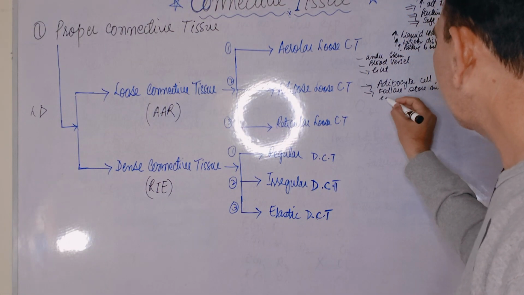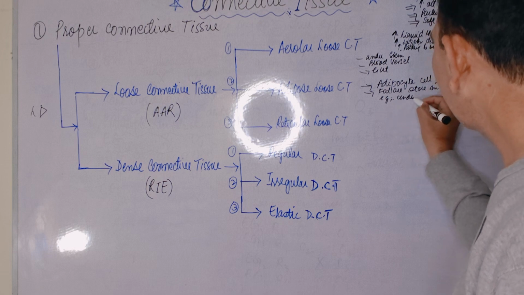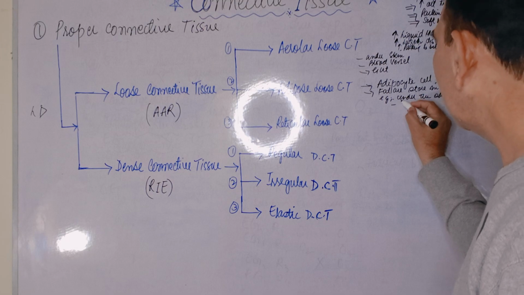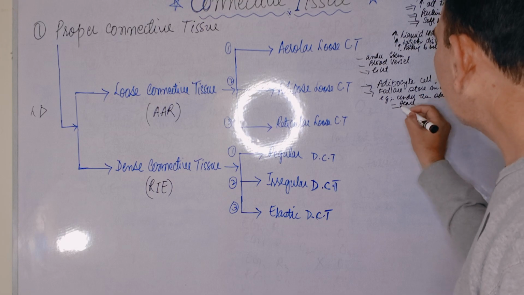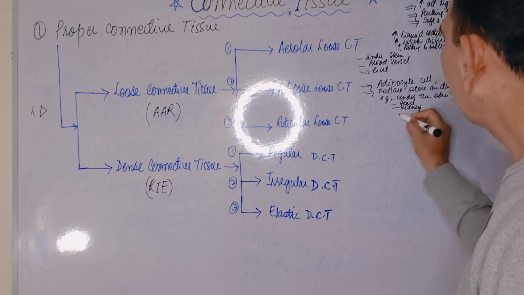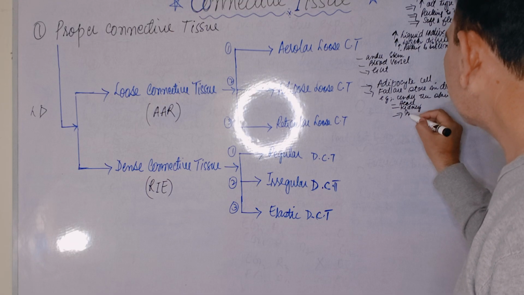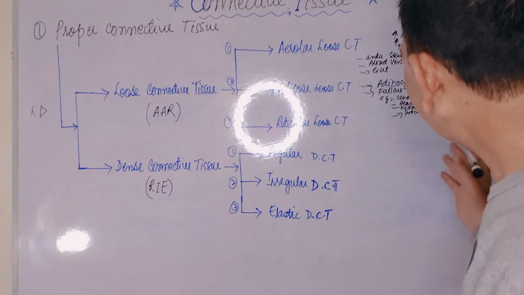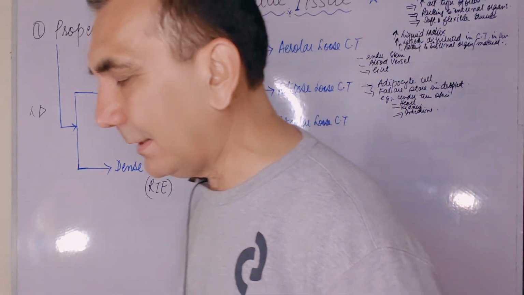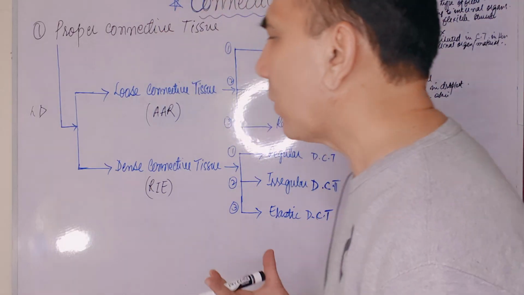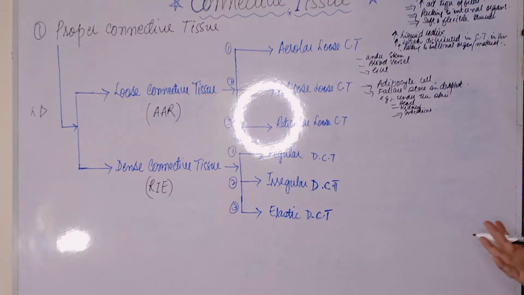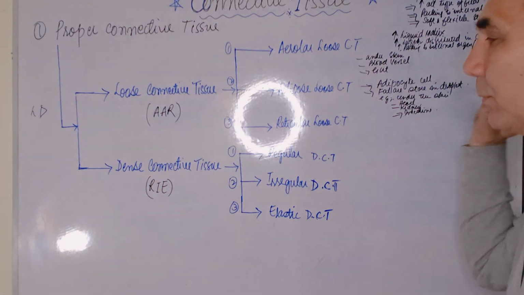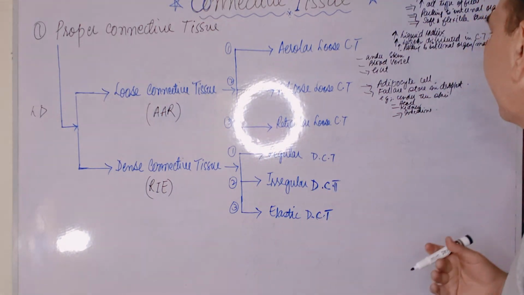First, it is found under the skin, and surrounding the heart, the kidneys, and the intestine. By surrounding the heart, kidneys, and intestine, it provides protection and cushion to these internal organs, to protect them from external injury.